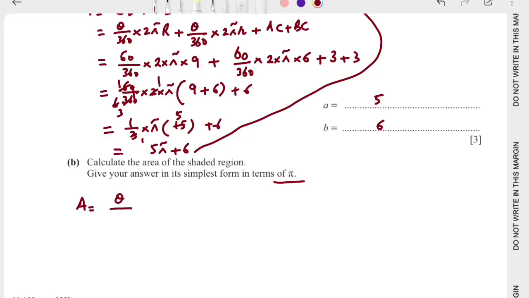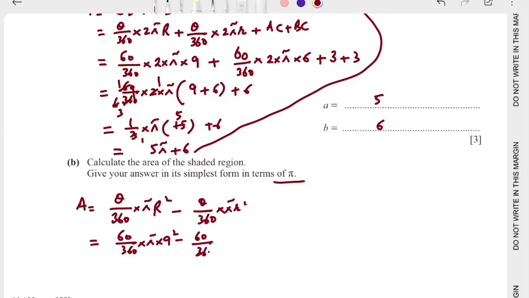First of all, write the formula: theta over 360 degrees times pi r squared minus theta over 360 degrees times pi r squared. The outer radius is 9, so 60 over 360 degrees times pi times the square of 9, minus 60 over 360 degrees times pi times 6 squared. So we'll take 60 over 360 degrees pi as common.